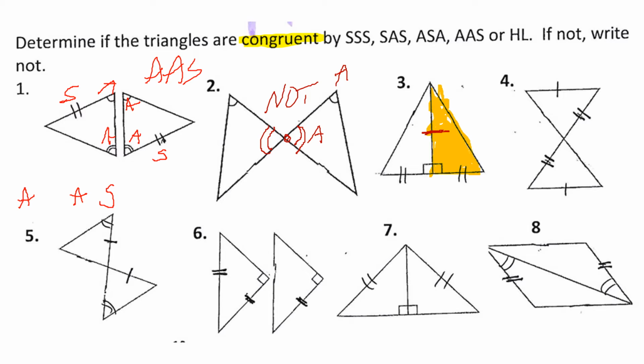Remember how we said, okay, if we got a right angle, let's check hypotenuse leg first. Is the hypotenuse marked? No. So, well, it's not going to be hypotenuse leg then, because there's no hypotenuse marked. It has to be marked. All right, it has one, but it's not marked. It's saying it matches the other one. But we do have other stuff. So we have a side here, and we have an angle.